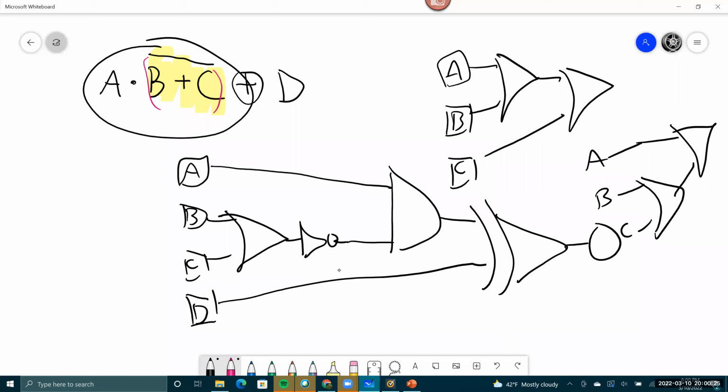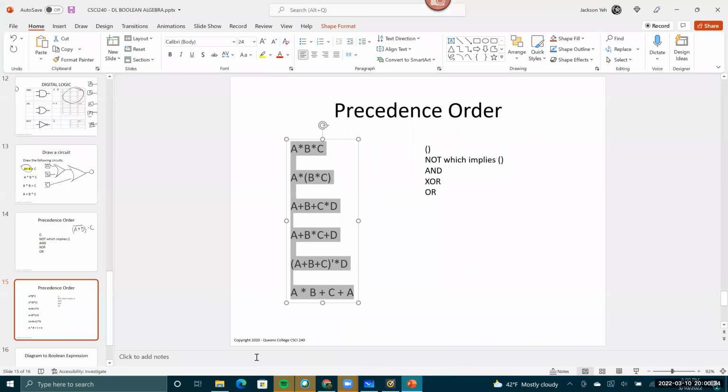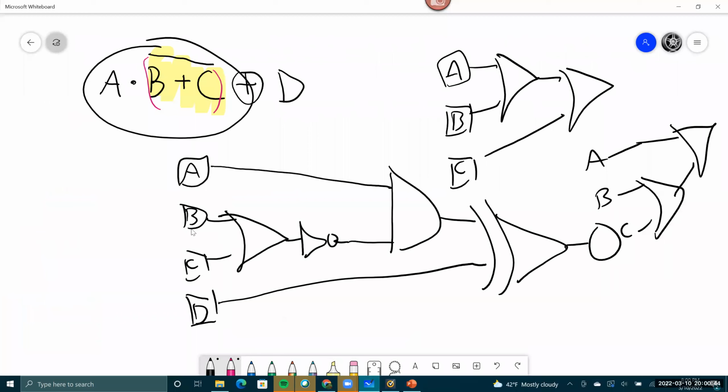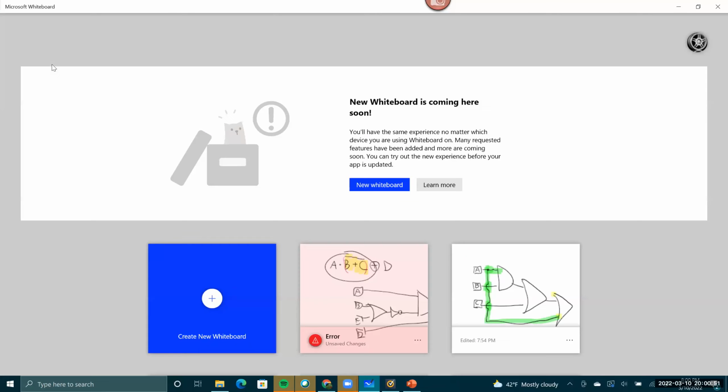All right, see, that's good, because now we're going to do the exact opposite. Now you're going to get a circuit and you're going to try to describe it. All right, so let's very quickly go on, the last slide is, how do we describe a digital logic diagram, right? So coming back here into our little example, let me get a new screen.